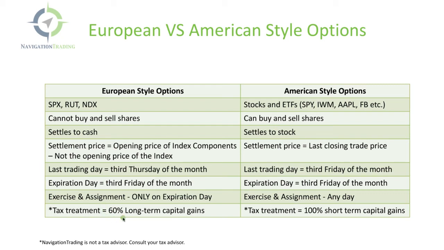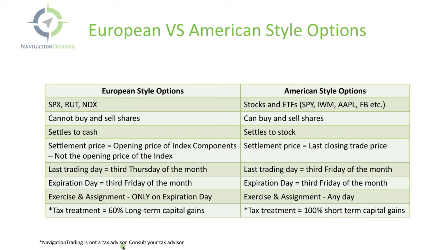The other 40% of that profit is taxed as ordinary income or short-term capital gains. As opposed to American style options, SPY, IWM, all the different individual stocks, those are all treated, if you're holding a position less than 12 months, which if you're trading options, then you are, then on 100% of your profits, you're paying short-term capital gains, which is based on whatever tax bracket or tax rate you are in.